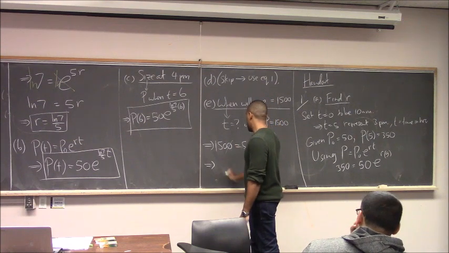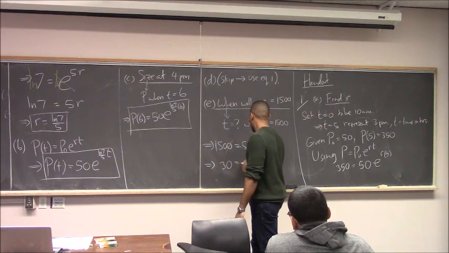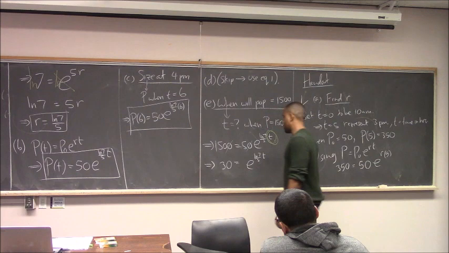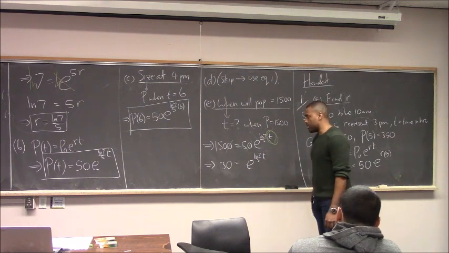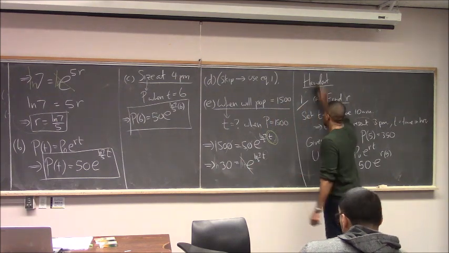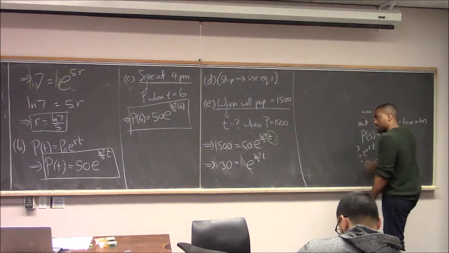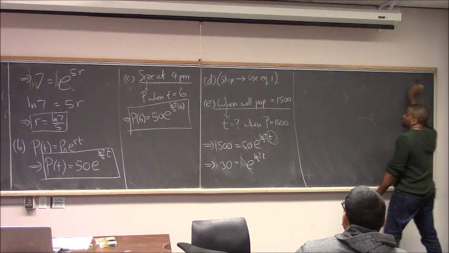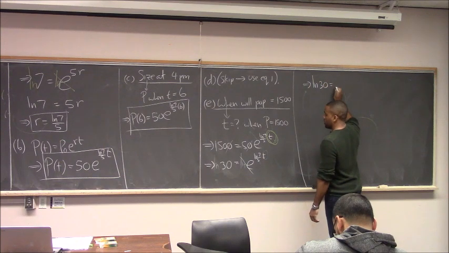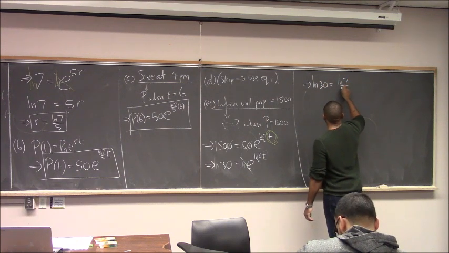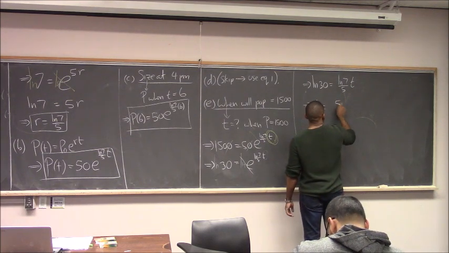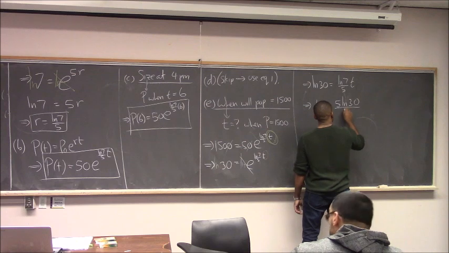And so that would go into 30. Now I need to solve for t, which means I need to get rid of the exponential, ln both sides. Right, use logs to kill exponentials. So this means we have ln of 30 is equal to ln of 7 over 5 t. And so this means that t would be 5 ln of 30 over ln of 7.